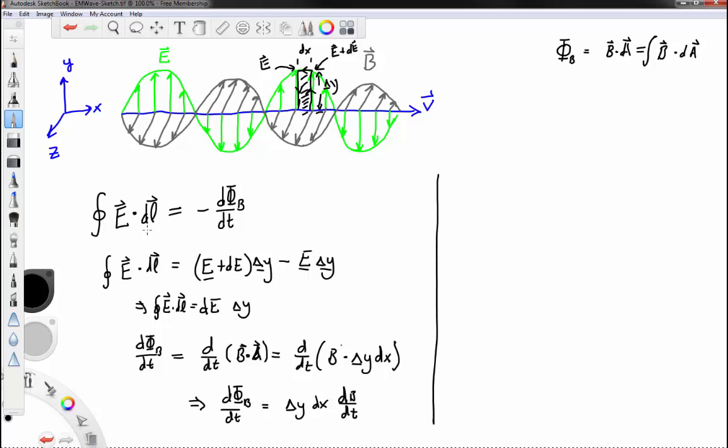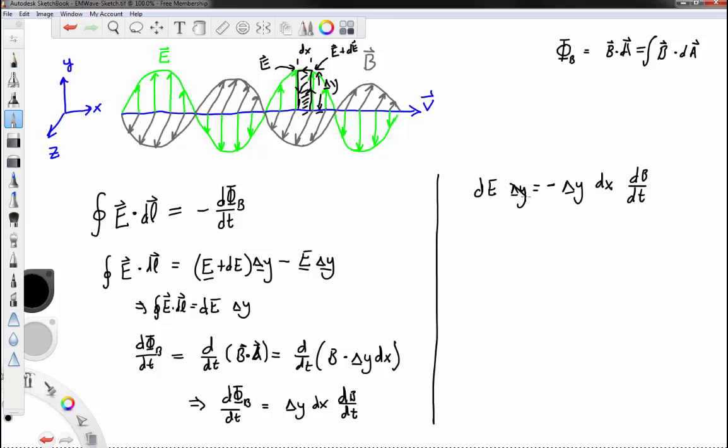So now we put them together via Faraday's law. And so what you end up with is dE delta y is equal to delta y times dx dB by dt, with a negative sign, because this was equal to the negative of this derivative of flux.